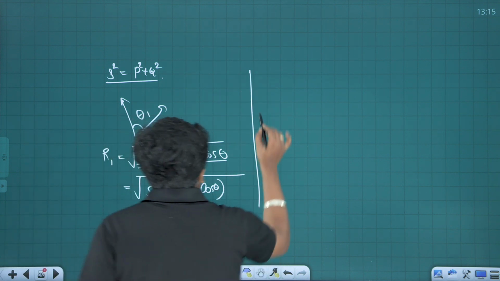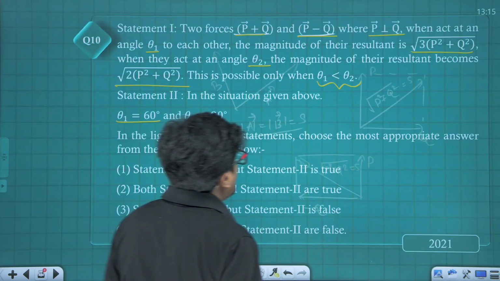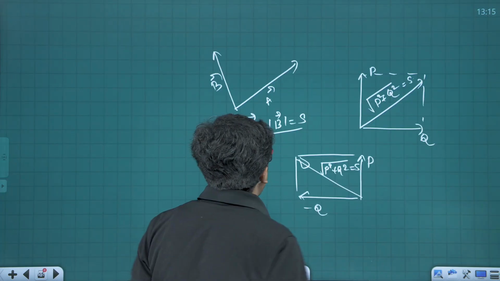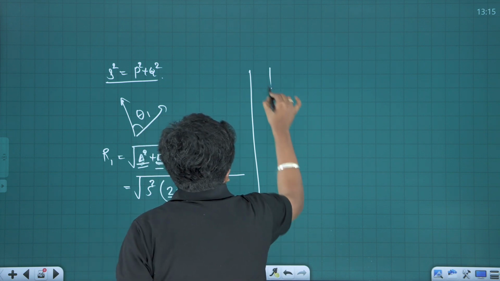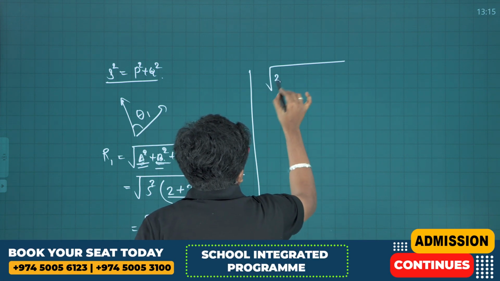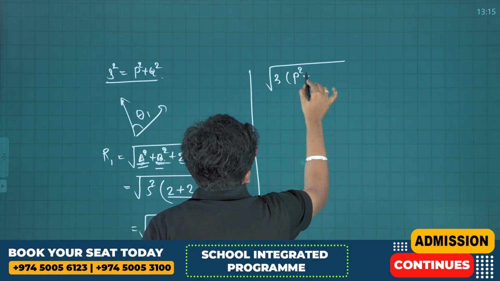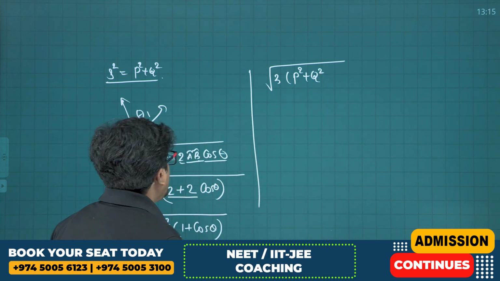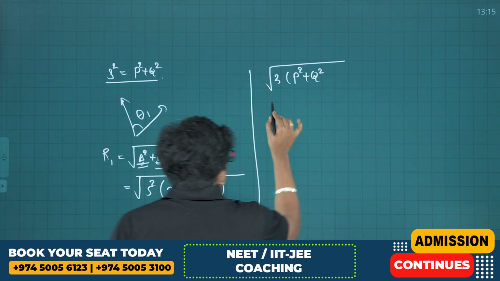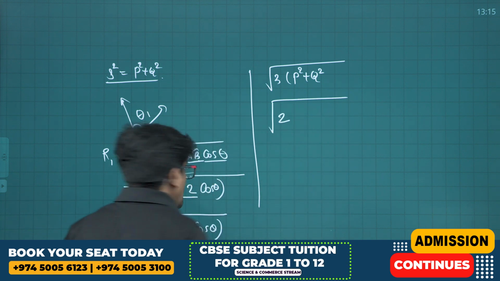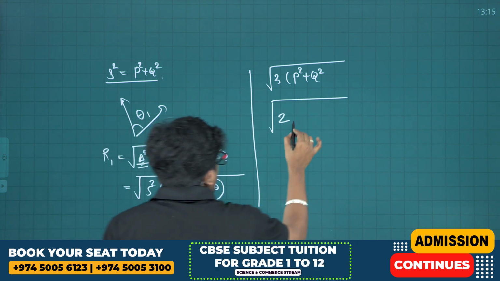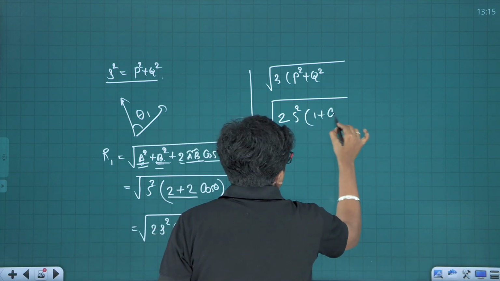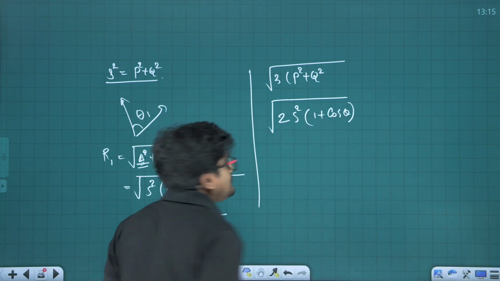Now in the first case, what they are saying is the magnitude is root of 3 times P square plus Q square. And what I am having over here is root of 2 into S square into 1 plus cos of theta.